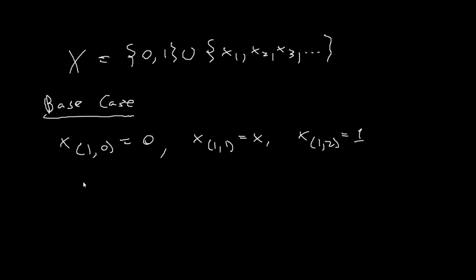And then we're going to define the set X1, which is just going to be x1 comma 0, x1 comma 1, and x1 comma 2, like this. Okay, that's the base case. So that takes care of the base case. Now we move on to the inductive case.